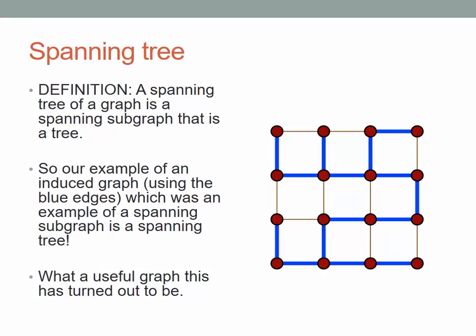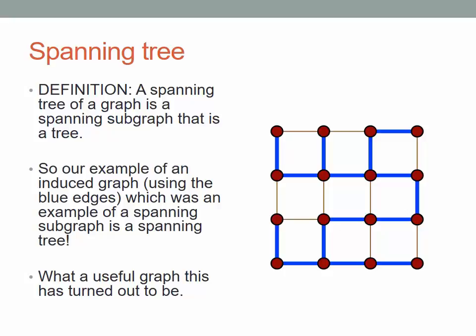So here's our familiar example that we've used several times. And we're going to look at it while we read the definition of the spanning tree. Now, a spanning tree is a subgraph that is also a spanning subgraph that is also a tree.